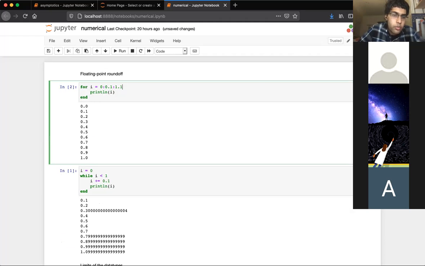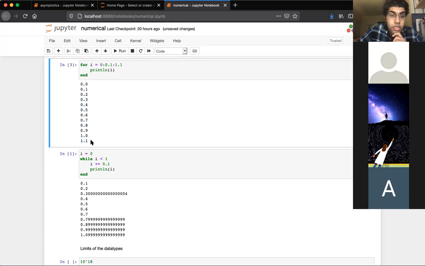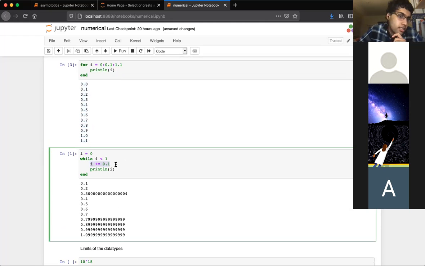I'm going to say 1.1 just for consistency. Yeah, you should do it like this because this gives you the exact numbers. Whereas here, I'm adding 0.1 in each one. And then there's something weird happening. I go 0.1, 0.2, 0.3, a bunch of zeros, and then a 4. So this is attributed to something called floating point error.